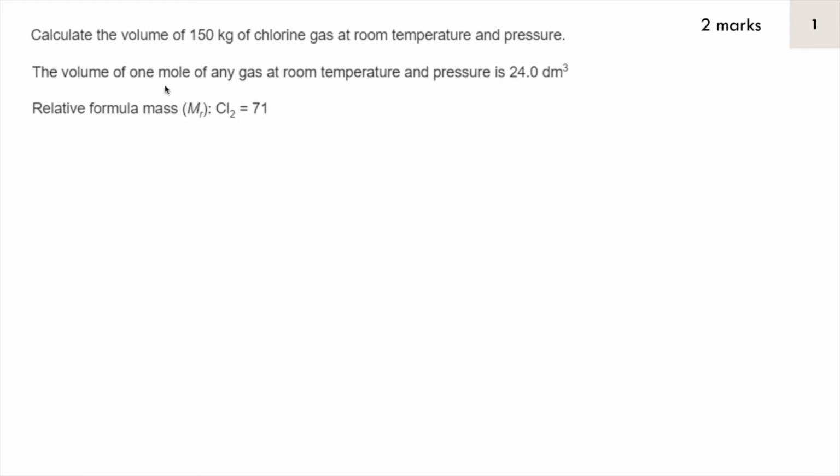So we are told that the volume of 1 mole of any gas at room temperature and pressure is 24 decimeters cubed. So to find out the volume of any other number of moles, we just need to multiply that number of moles by 24. So the information we've been given is a mass of chlorine and also the MR of chlorine.